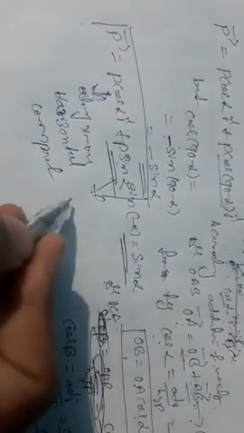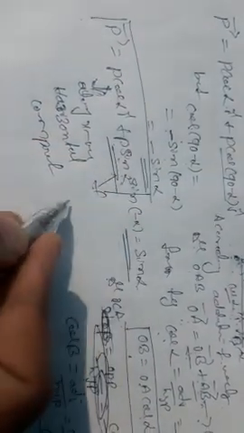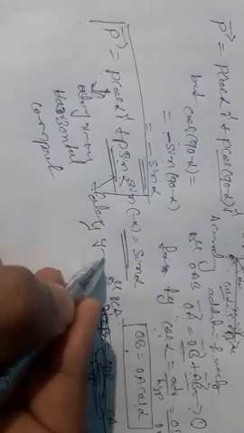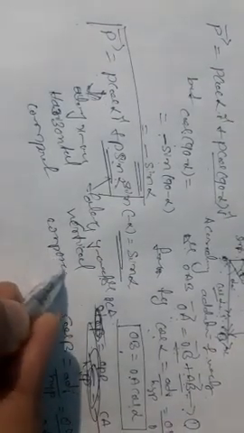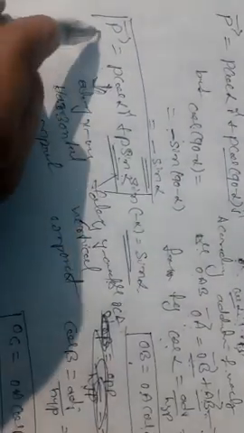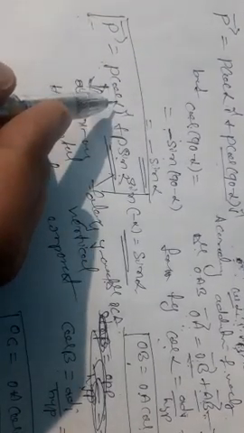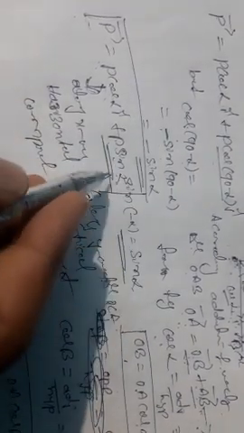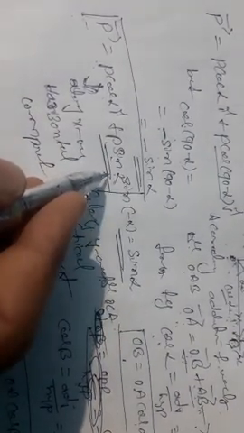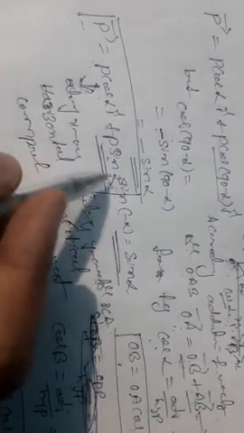P sin alpha is along the y direction, y-axis, that is the vertical component. This is vector P equal to P cos alpha i cap plus P sin alpha j cap.